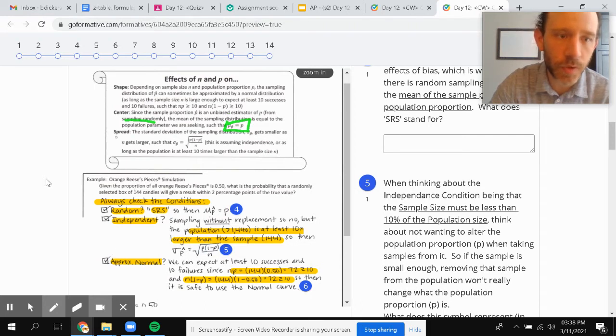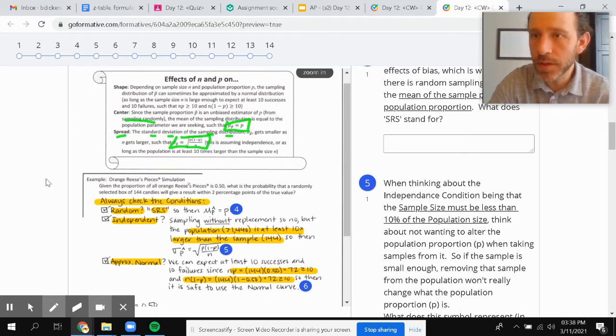And then the spread has another formula involved. That's the standard deviation of the sampling distribution. That's this formula here, and we'll see that a little bit more closely further down. But how do we know that we are able to use that formula? It's based on the successes and failures, but the sample that we take has to be independent. We have to know that if I take that sample, I won't be changing the population proportion.